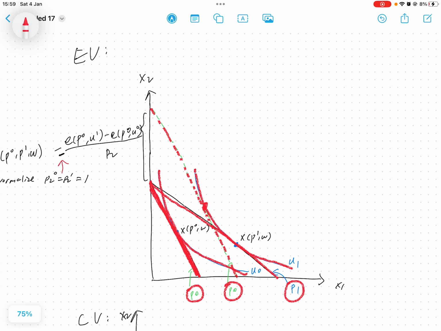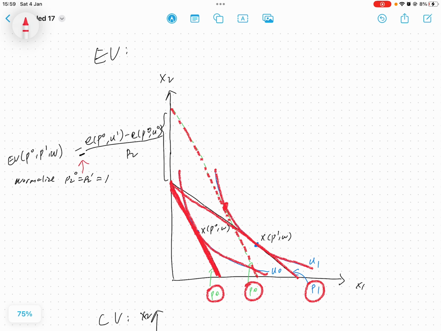Good. Then we can simply find those expenditures on the vertical axis. This intersection here will be simply the expenditure where we have P0 but U1. And this intercept will be the level of expenditure where we have P0 but U0.